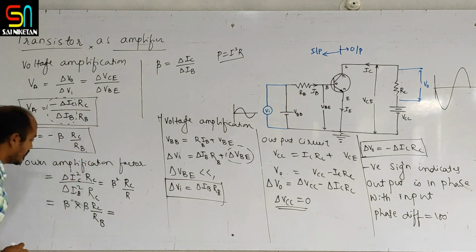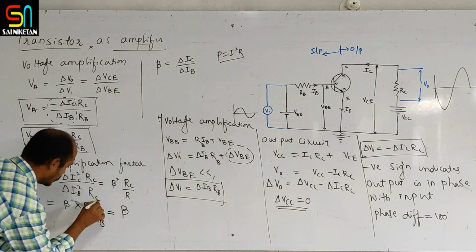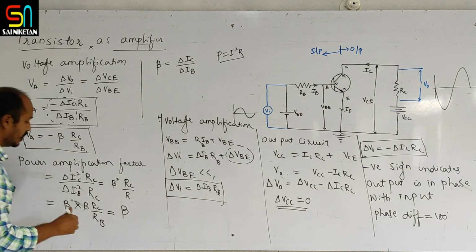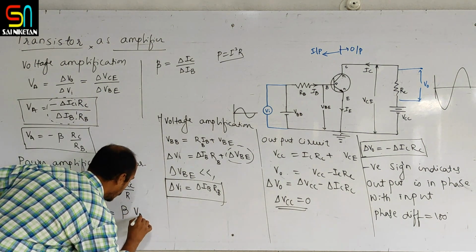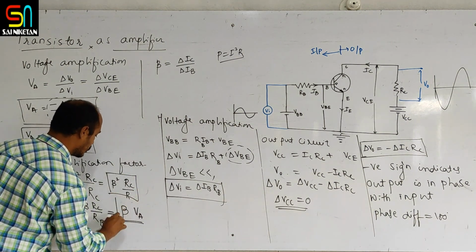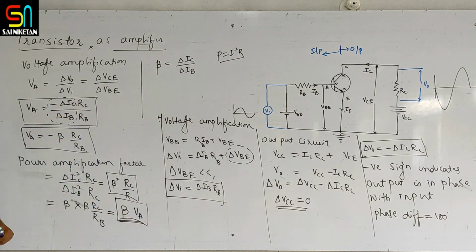Hence, this term beta RC by RB is nothing but the voltage amplification AV. So this can also be written like this. These are the formulae for the power amplification factor.